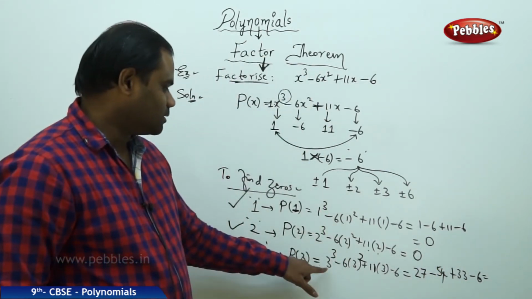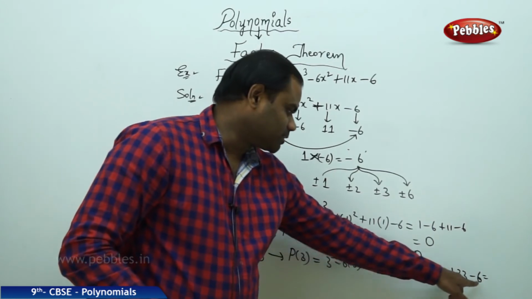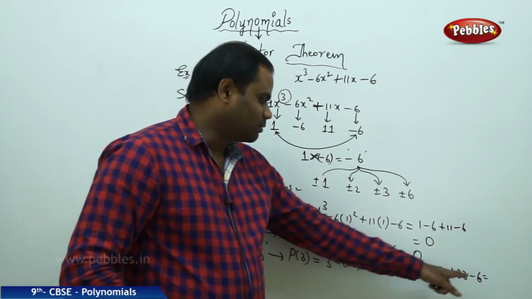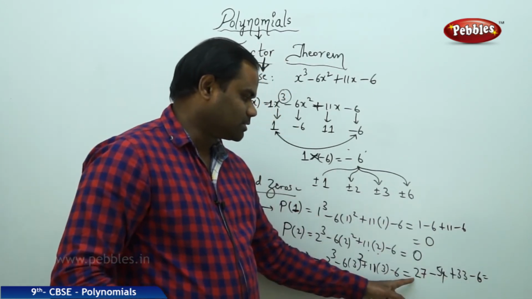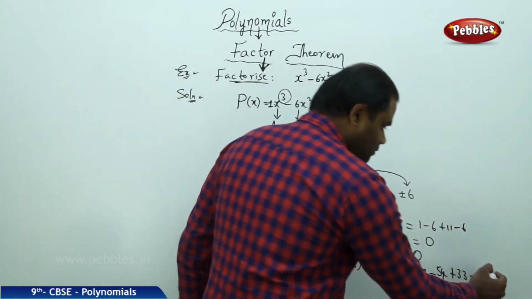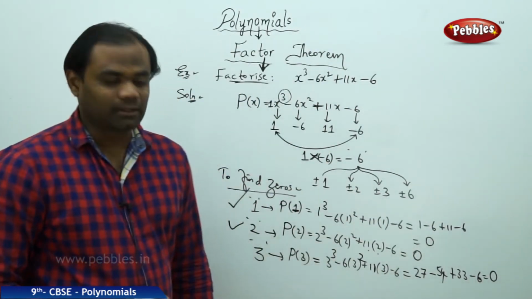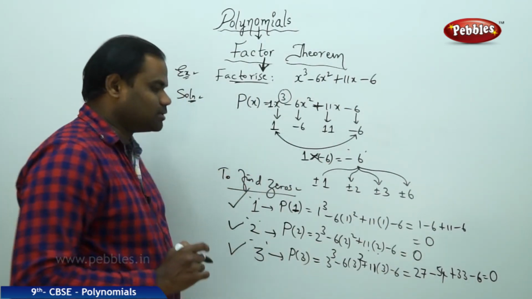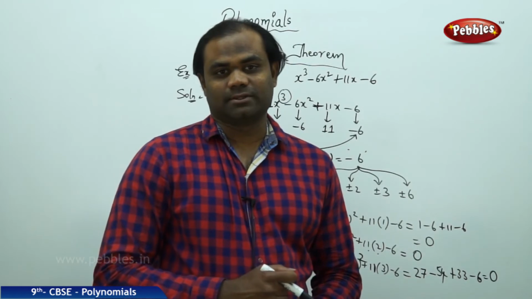So I get 27 minus 54 plus 33 minus 6, which is 60 minus 60, and that also gives me 0. And therefore, 3 is also a zero of the polynomial p of x.